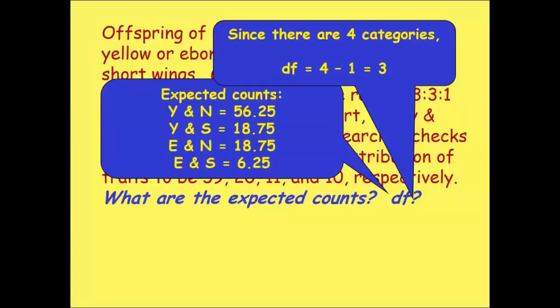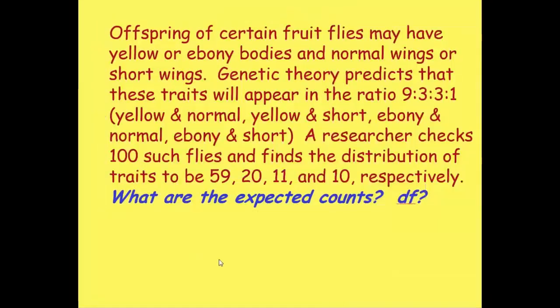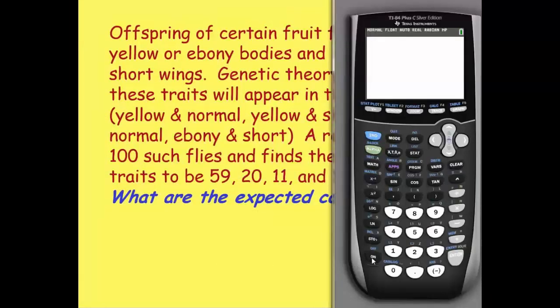Okay, so the question then is, are the categories we observe different from what we expect to see? So we're going to go back to our calculator and type in the observed numbers in list 1 and the expected numbers in list 2, and then we'll carry out the calculation from there. So if you'll turn your calculator on and go to your stat lists, let me get rid of the other problem I had in there earlier.